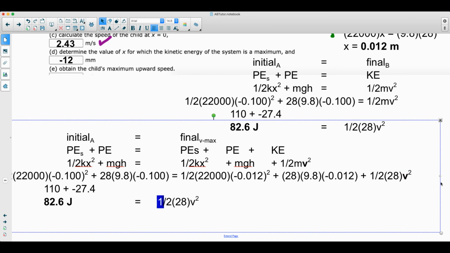Anyway, very doable here. Half of 22,000 is 11,000, and this one's going to kill at 0.012 times 0.012 times 11,000 gives you 1.58 plus, let's see, 0.012 times 9.8 times 28, negative 3.29 plus 14 v squared.